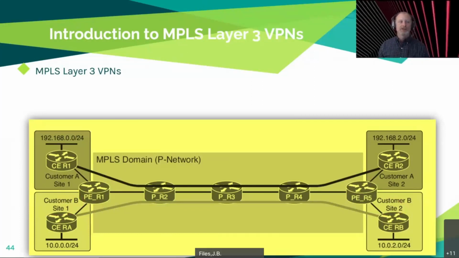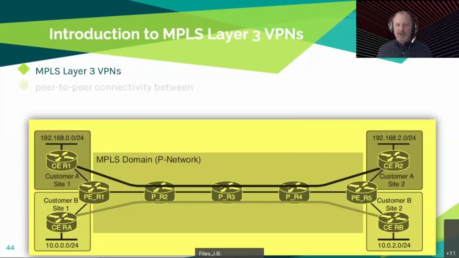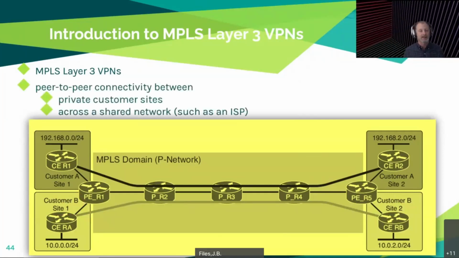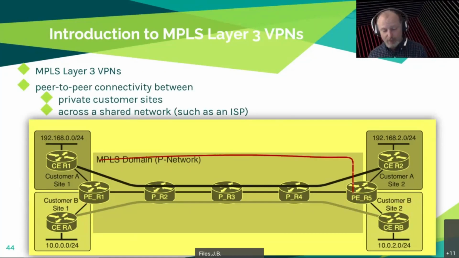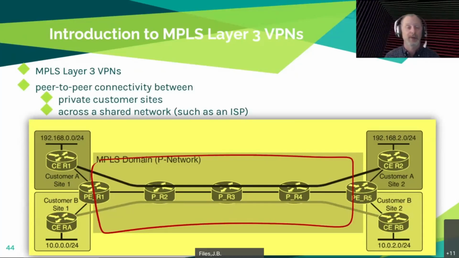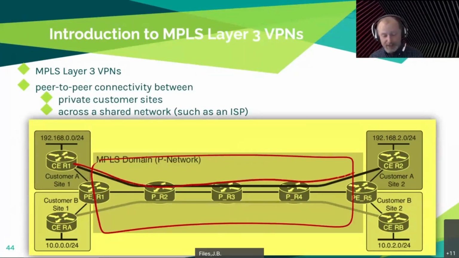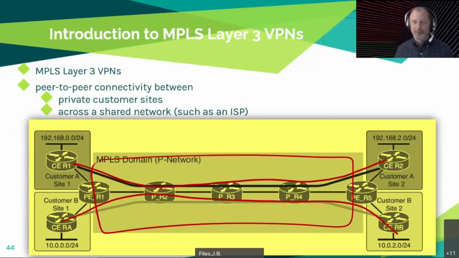Okay, so MPLS layer 3 VPNs. So we have peer-to-peer connectivity between private customer sites across a shared network. All right, so this shared network is the ISP network that multiple customers are allowed to use. So we basically have an MPLS VPN tunnel going across there.